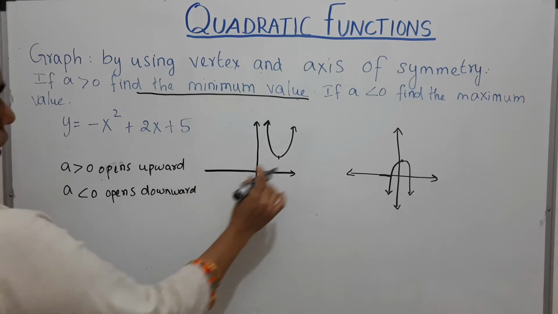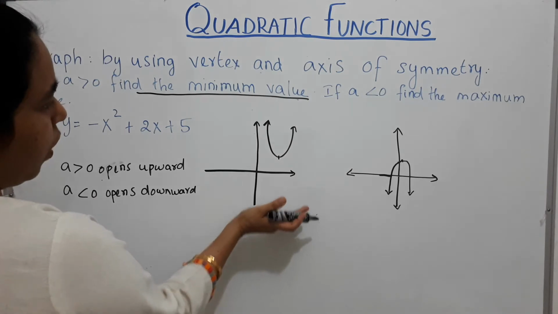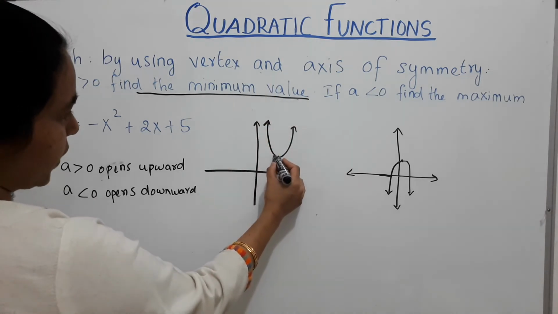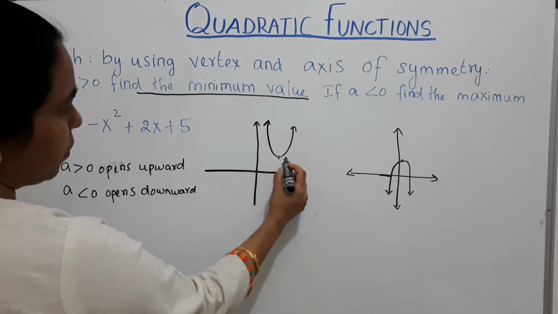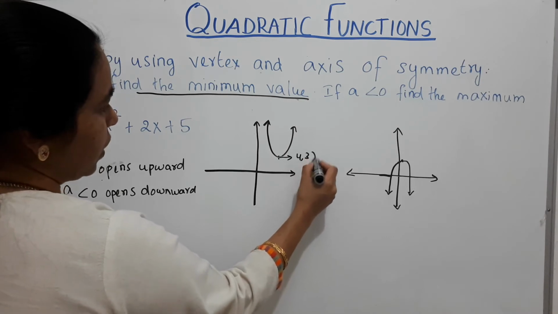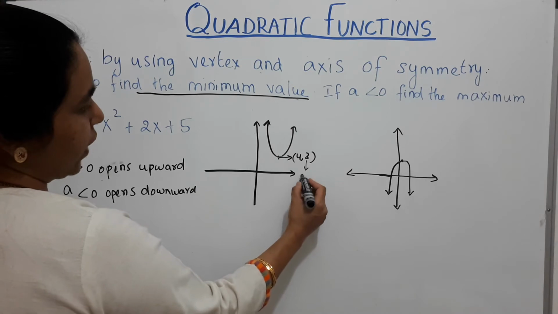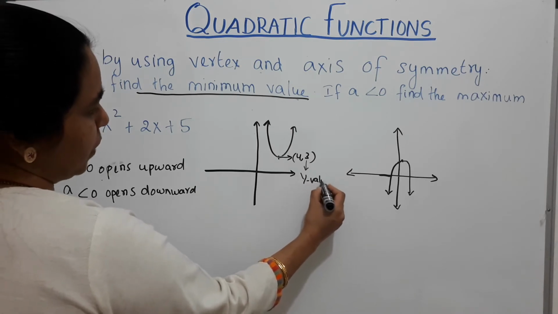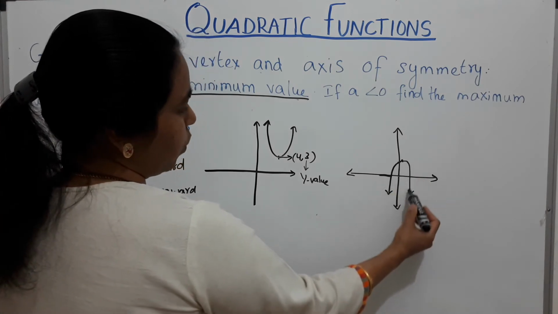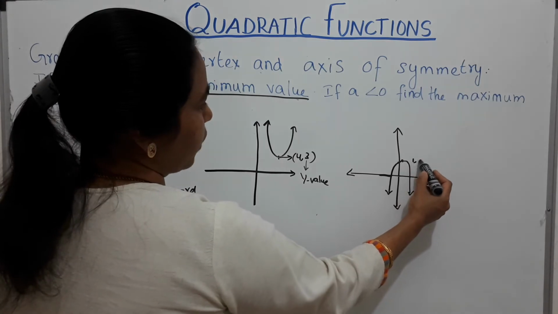Okay. So in this case it opens upward, and so it has a minimum value because all the values will be greater than this value, right? So the point where it turns will be the minimum point. So if I say this is 4 and 3, then the minimum value will be 3. 3 will be the y value. So the y value will be the minimum value. And if I consider this one, here the parabola opens downward, and let us say in this case this is 1 and 4.